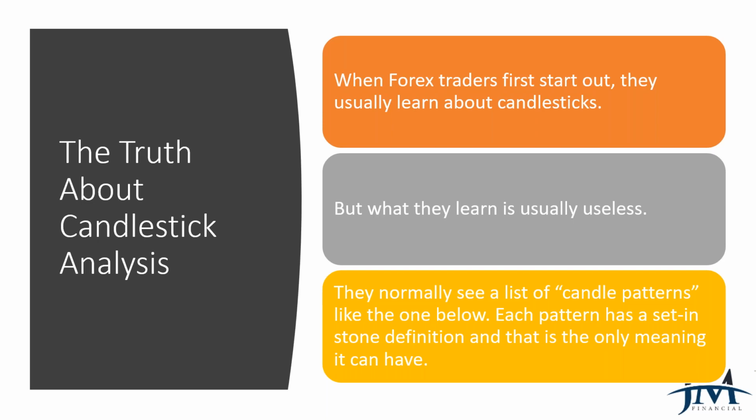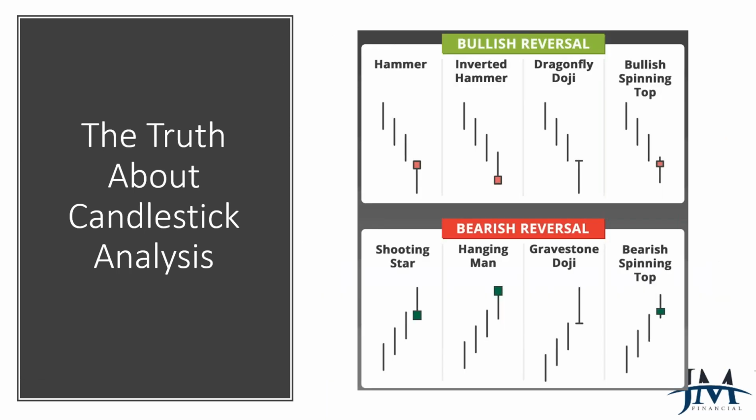They normally see a list of candlestick patterns, and each pattern has a set in stone definition, and that's the only meaning it can have or is supposed to have. So you see things like the hammer, the inverted hammer, the dragonfly doji, the bullish spinning top, your bullish engulfing bar, and they tell you when you see this, this is the only interpretation you should apply.